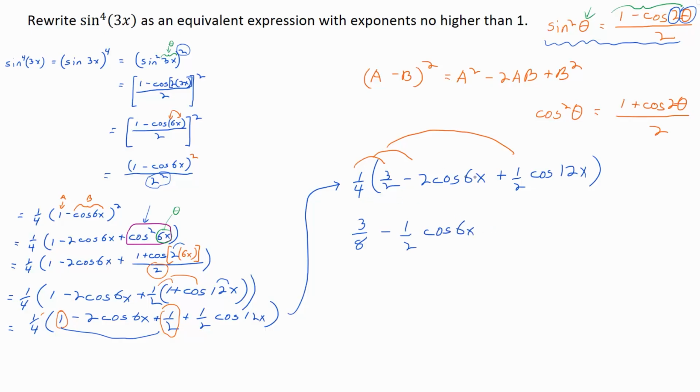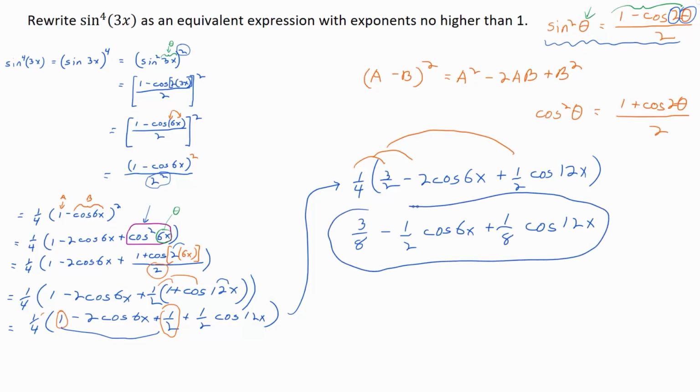And then 1/4 distributed over 1/2 is 1/8. And then you still have the cosine of 12x. And this is equivalent to what's written at the end of the book, and this answer is just fine. Of course, if you had stopped here, that answer would be just fine too.